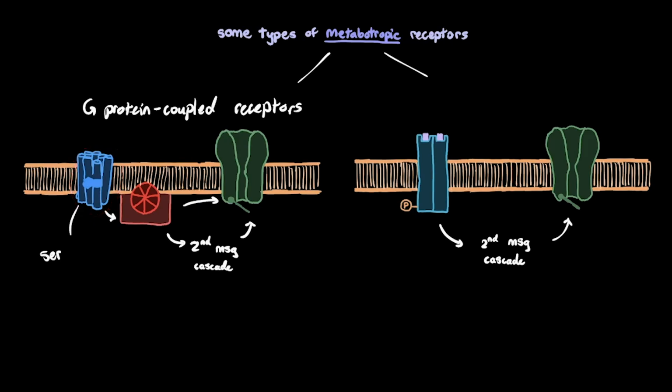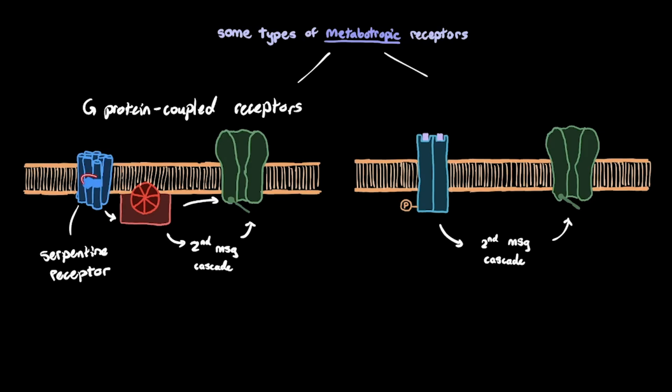Serpentine receptor is just a cool, fancy name for a receptor with 7 subunits or 7 pieces. And you can tell the transmitter binds right there. And then this macromolecule doesn't have a channel pore like ionotropic receptors.